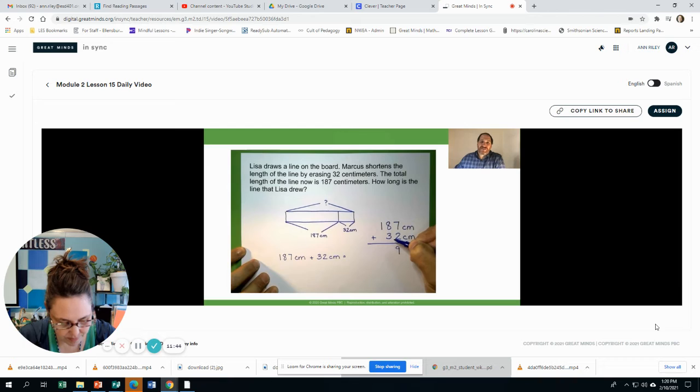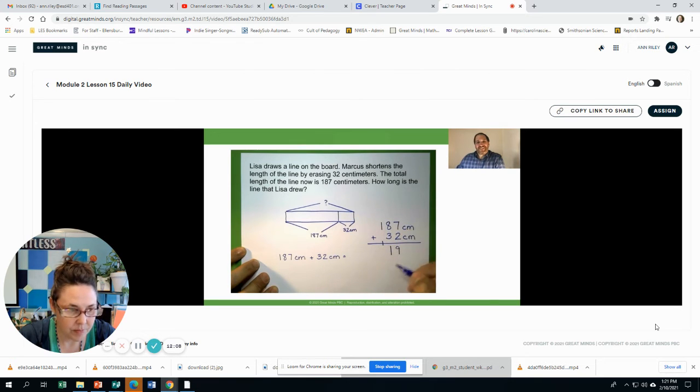Well, watch how I do that using the standard algorithm. 8 tens plus 3 tens is going to give me 11 tens. And there we go. By writing it this way, I've renamed those 10 tens as 100 because it is now in my hundreds place. And I have that 10 remaining.